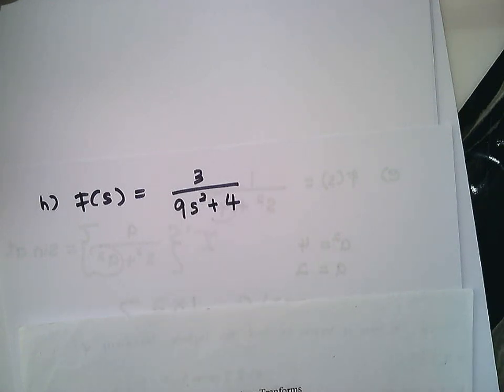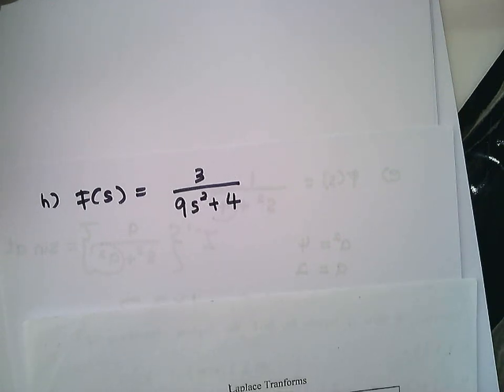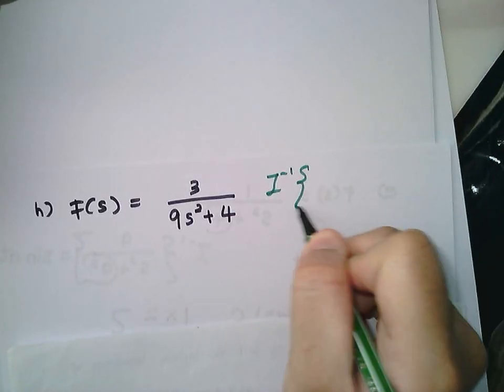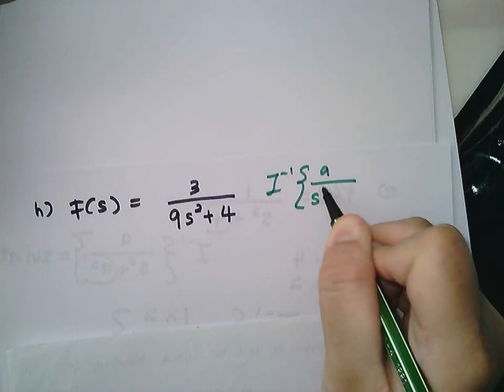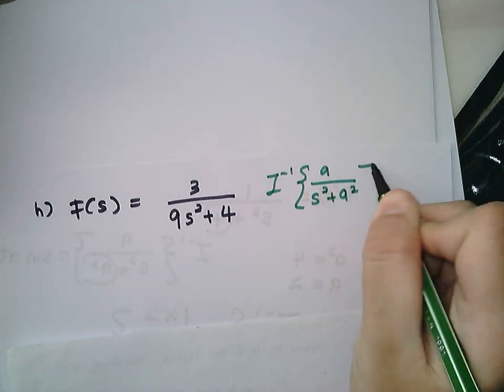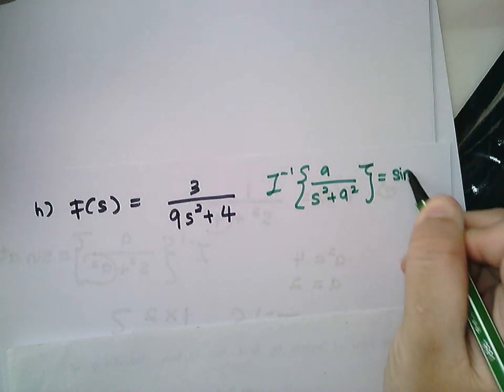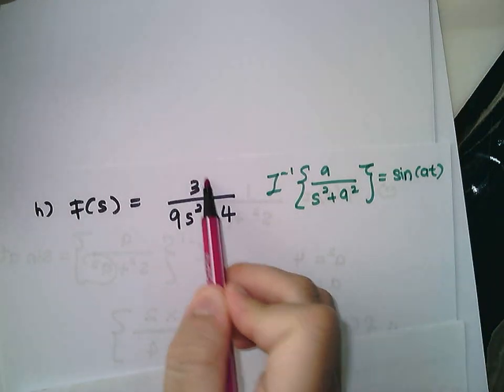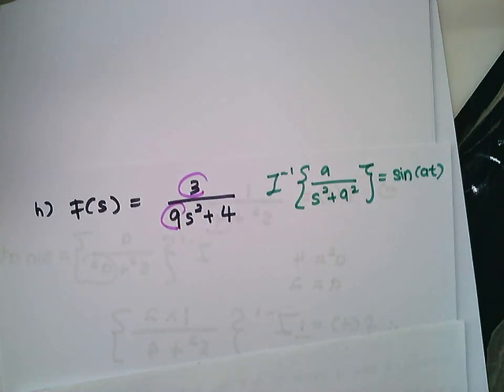So generally, the inverse of a over s squared plus a squared is equal to sine at. So you have a problem with this value and also this one. Why?